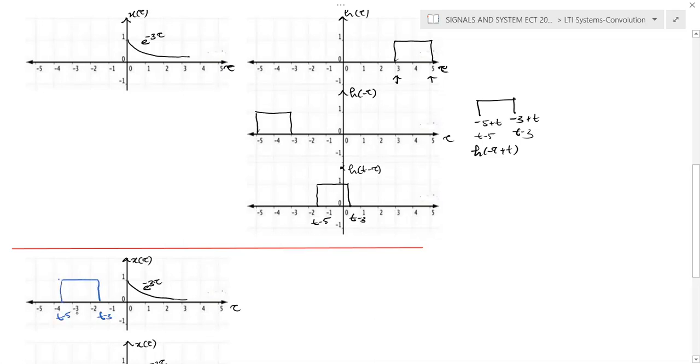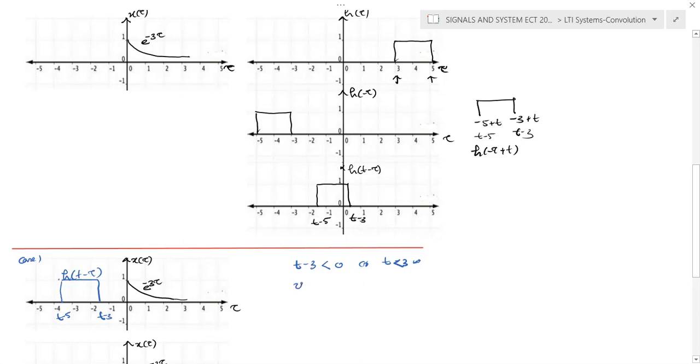So here you can draw t minus 5. So this is the signal h of t minus 2. And if you observe the first case, you can assume that t minus 3 is less than 0. Or if you rewrite this, t less than 3.